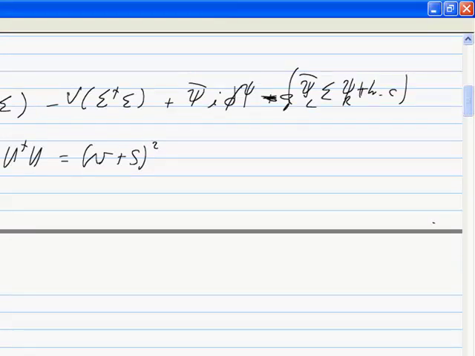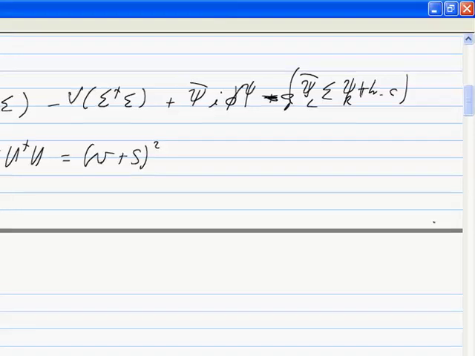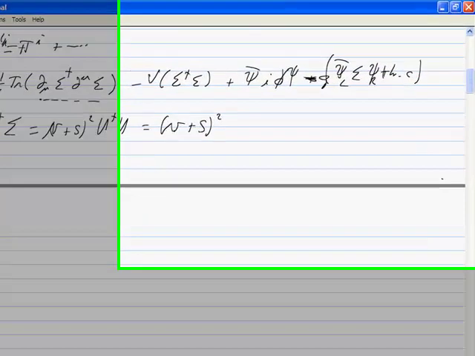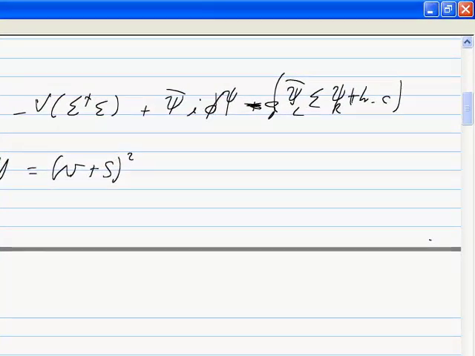So what do I want to do here? Well, clearly I want to rewrite that. When I look at the kinetic energy pieces here, there's going to be terms where the derivatives act on the S, or the derivatives act on the sigmas, or in principle there's cross terms.